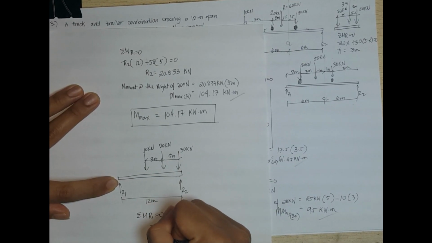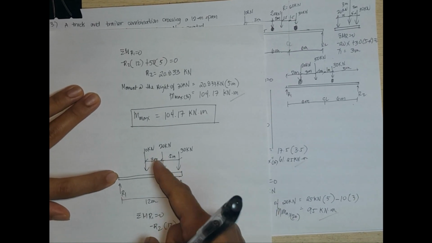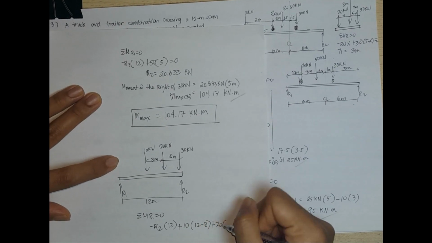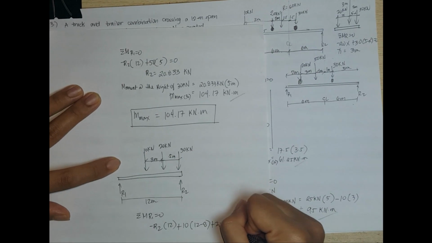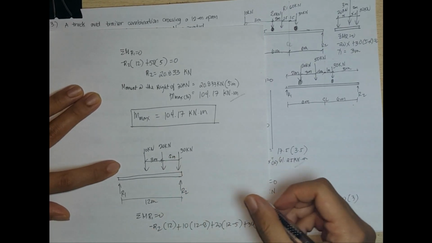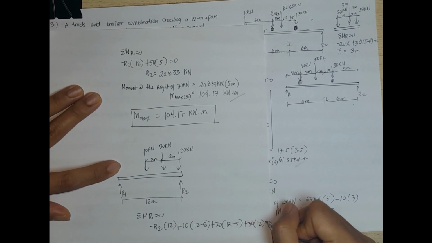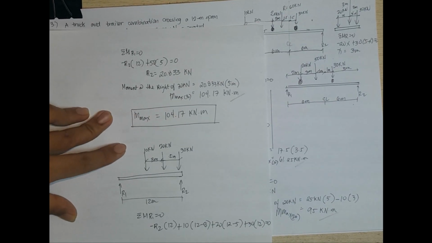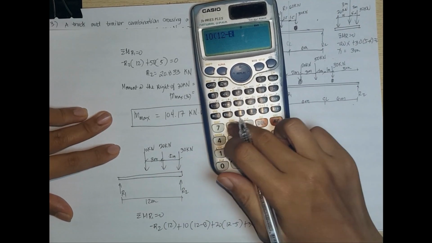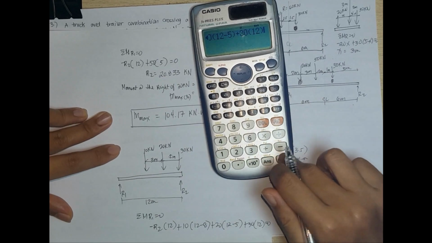Therefore, we have negative R2 multiplied by 12 plus 10 multiplied by, so 12 minus 8, plus 20 of 12 minus 5, plus 30 of 12 is equal to 0. So it is equal to, we have 10 of 12 minus 8 plus 20 of 12 minus 5 plus 30 of 12.